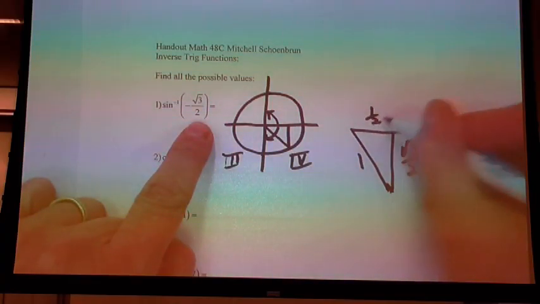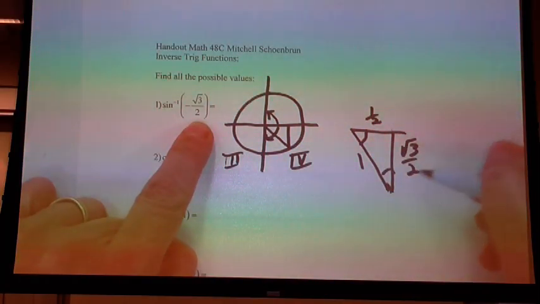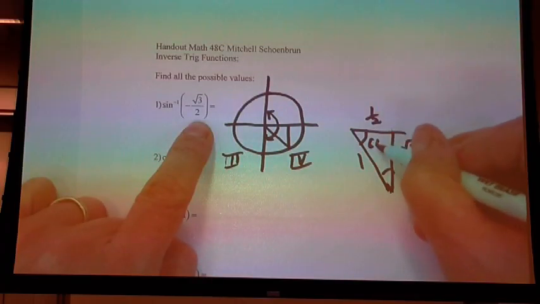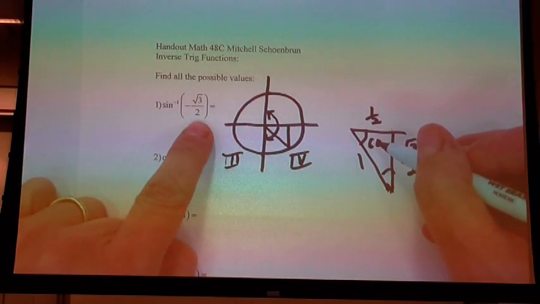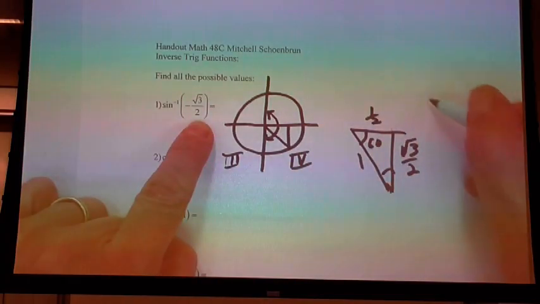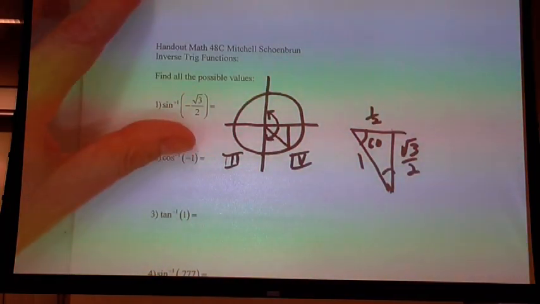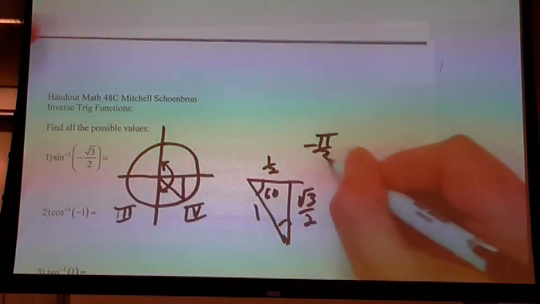It's 1/2, yes. And this, of course, is a 30, 60, 90 triangle again. So we know the angle here is 60, or if you like, pi over 3, but because it's down here, it's minus pi over 3.